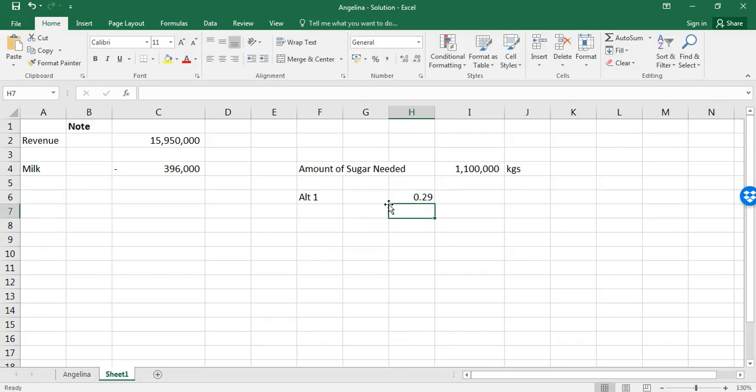Alright, so 0.29. That's the opportunity cost for alternative one. Because what we're essentially saying is, if we didn't use it in the Xanta contract, it would be worth 0.29 euro per kilogram, because it will substitute for another sugar product that we'd have to buy anyway. So that's one use for it.